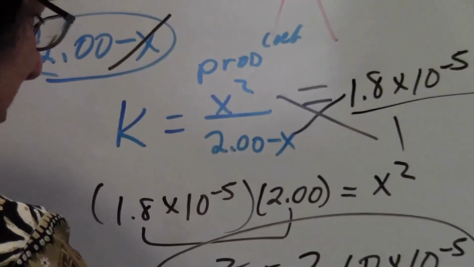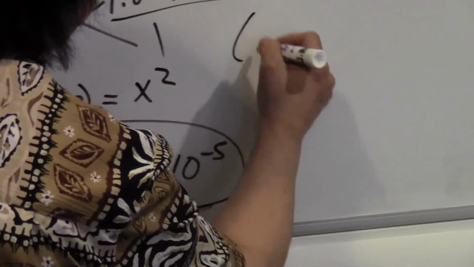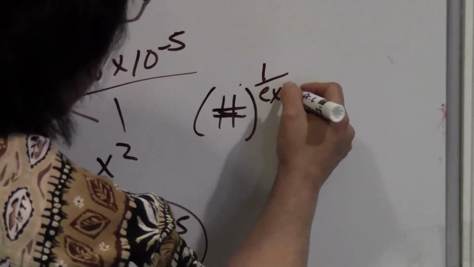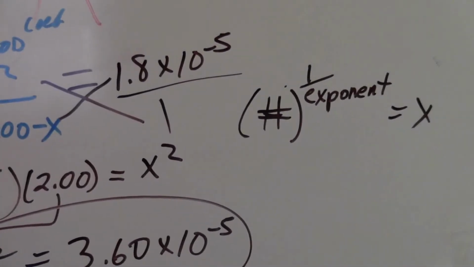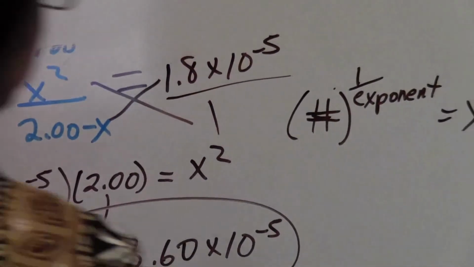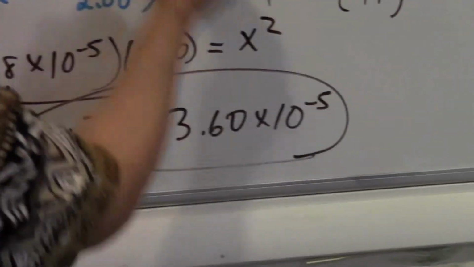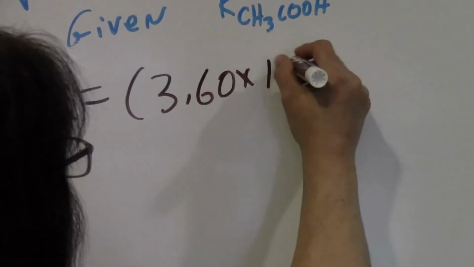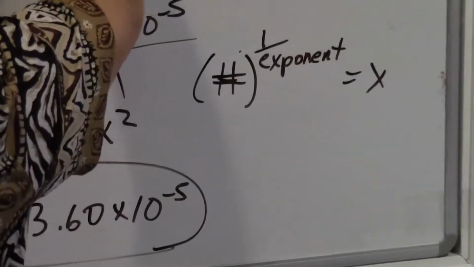This is how you solve anything with an unknown raised to an exponent. You take the number, you put 1 over whatever the exponent is, and that will give you x. So let's solve that. For x squared equals 3.60 times 10 to the minus 5th, x is going to equal our number raised to 1 over our exponent, which is 2.